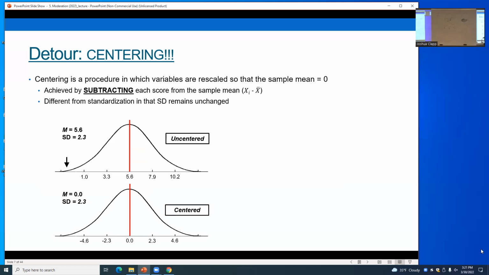The value that was zero is now at negative 5.6, right? Zero is now the mean. Someone at 10.2 is now at 10.2 minus 5.6, so they're going to be right there. The shape stays the same. Everybody's position stays the same. This is not a transform. We're just rescaling this variable so that it has a mean equal to zero.